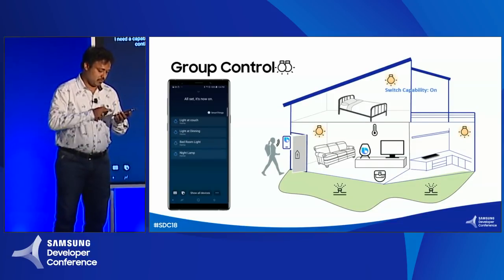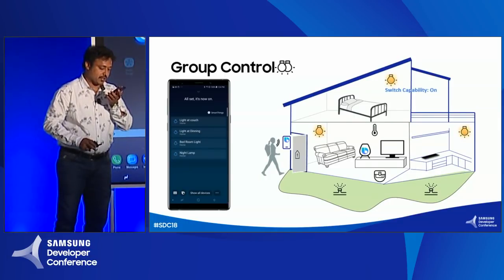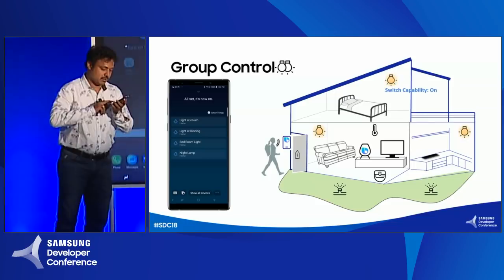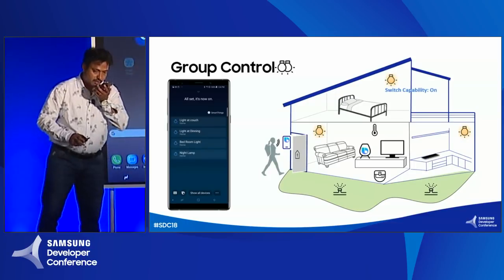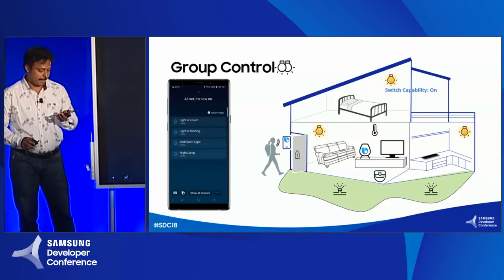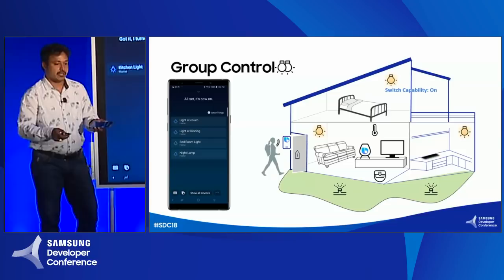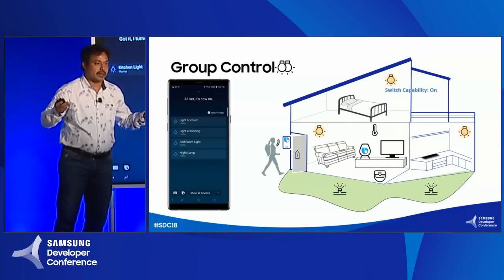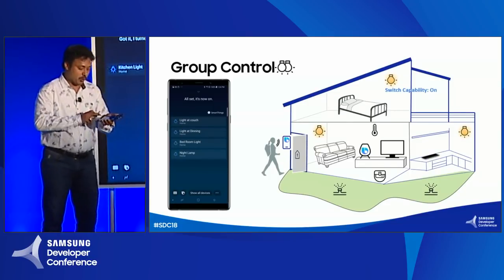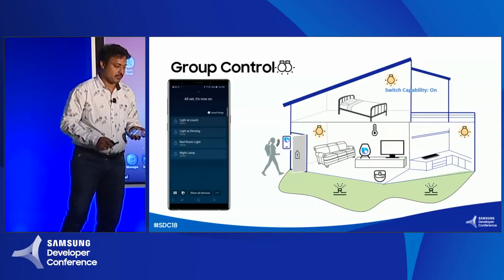Turn on the lights in kitchen. Got it. I turned on. So I have only one light in kitchen, so it turned on that. So using all at home or whatever you grouped, using that group names also you can control devices.